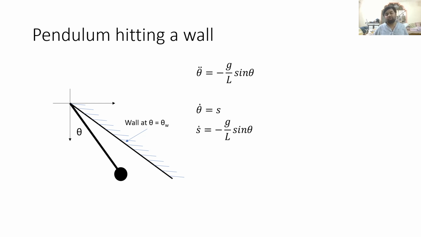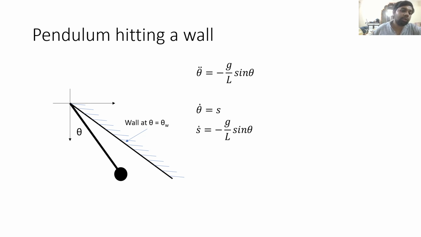When it bounces back from the wall, then with that kinetic energy it will reach some maximum angle. Let us say we release it at a 60-degree angle, and there is a wall at, let us say, 40 degrees.